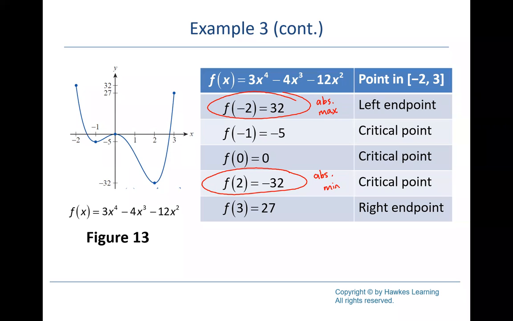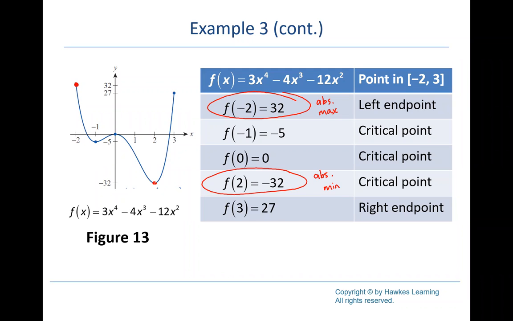On the left, we have a graph to confirm our results, and we can see that, sure enough, the left endpoint is the largest point on the graph, and the critical point of 2 produces the smallest point on our graph. And we've determined where the absolute max and absolute min occur.